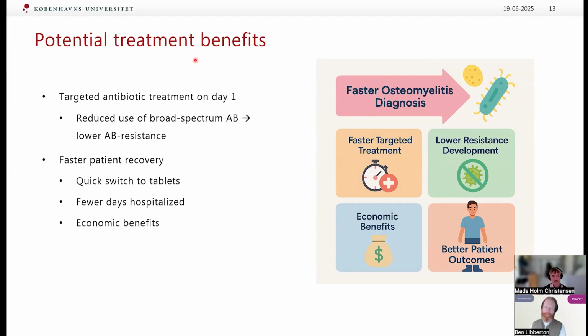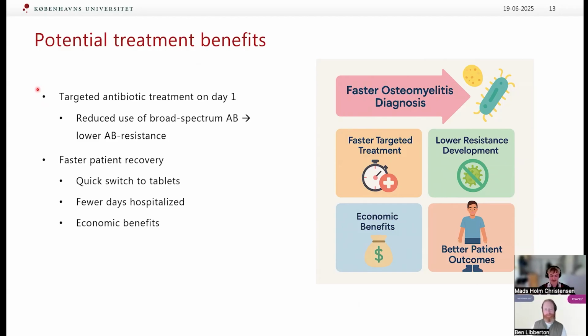So we can more quickly maybe switch from the broad spectrum IV antibiotics to targeted tablets or IV antibiotics and help lower the resistance development and improve the outcome for the patients and save money for the healthcare system by reducing the days hospitalized. It's a very hopeful or optimistic outcome, but hopefully we will see that it holds up someday.